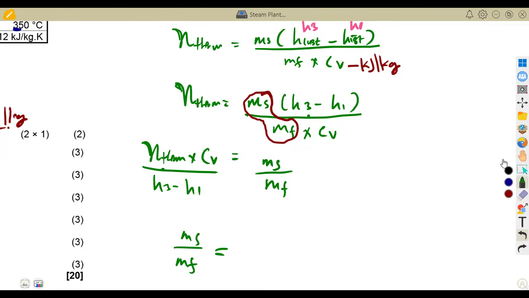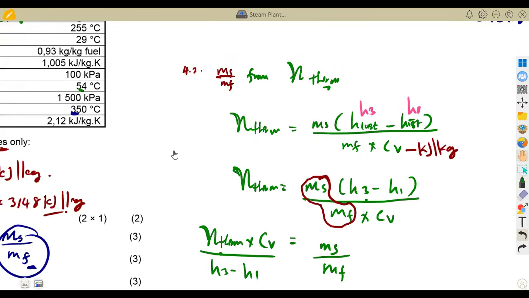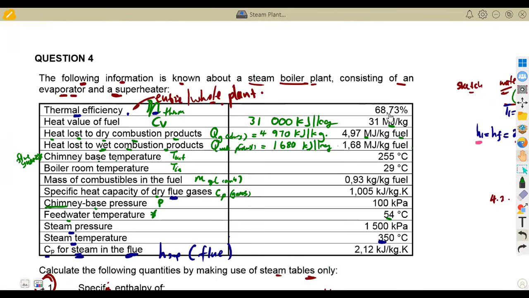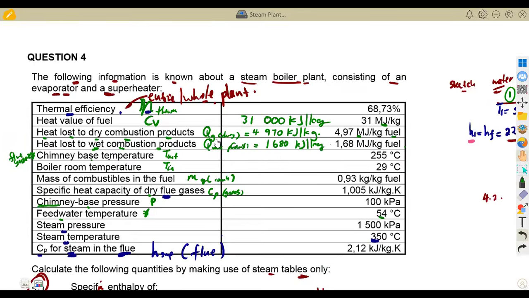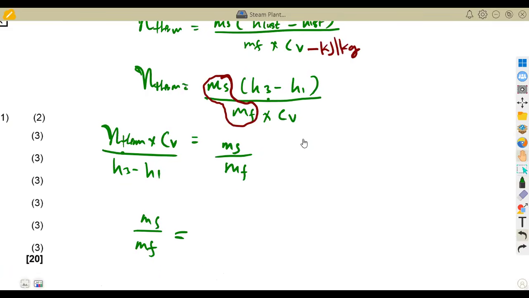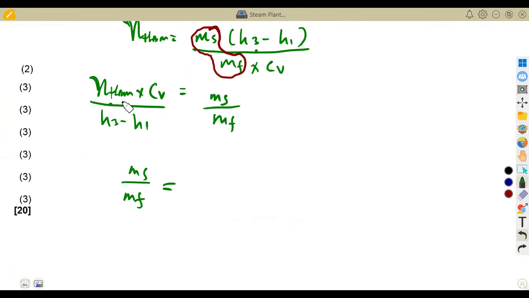Given our thermal efficiency, we write it as a decimal. Remember our thermal efficiency that we are given was 68.73, so we are just substituting there, 0.68 something as a decimal. So our thermal efficiency as a decimal is 0.6873, times the calorific value we are given from our table.